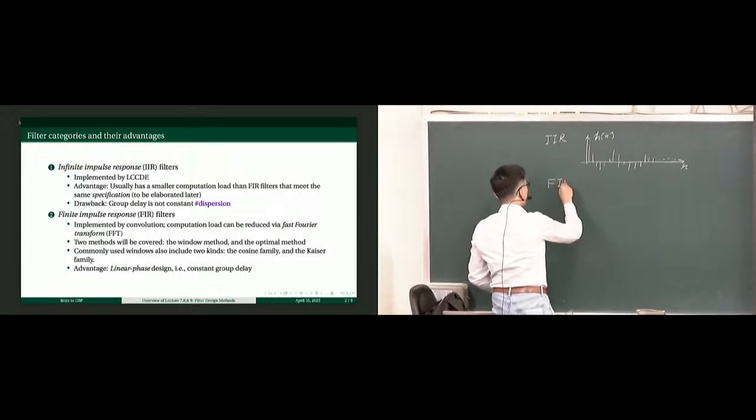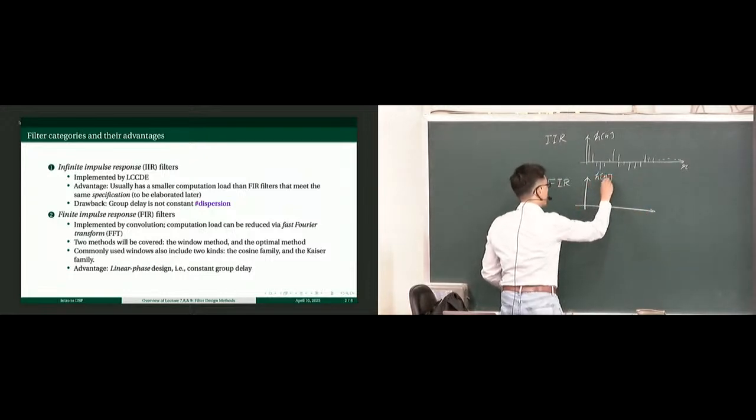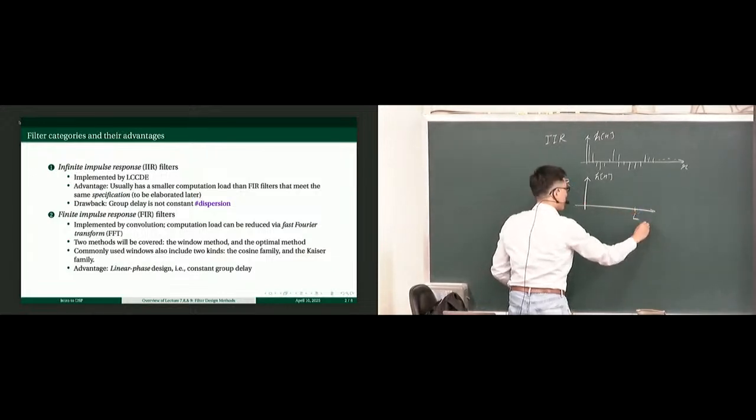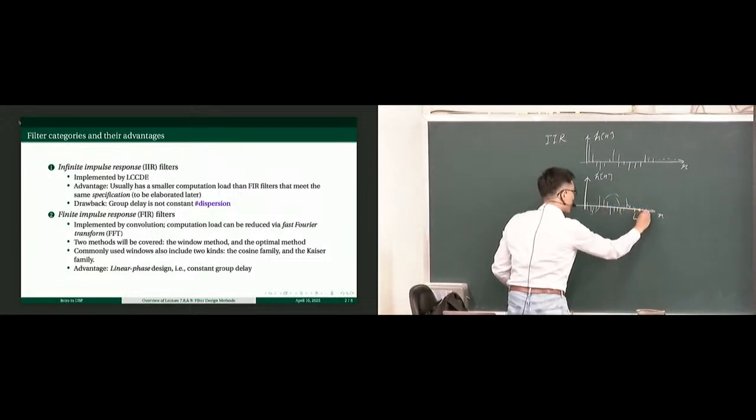In contrast, FIR means if we plot the impulse response, then starting from time 0 up to a finite length L, the filter can have L plus 1 samples, but after time L, everything is zero.